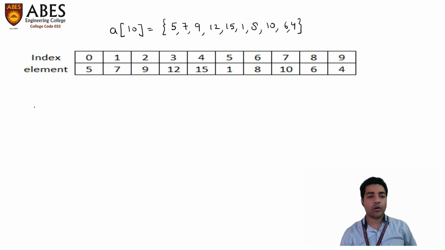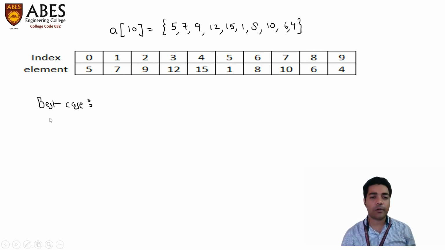So I have to determine the best case. The question is, I have to search for an element. The definition of the best case of an algorithm or a program is that I cannot take less time than the best case to do anything in my problem, or in this case, in my array. So what is the best case to search for an element?